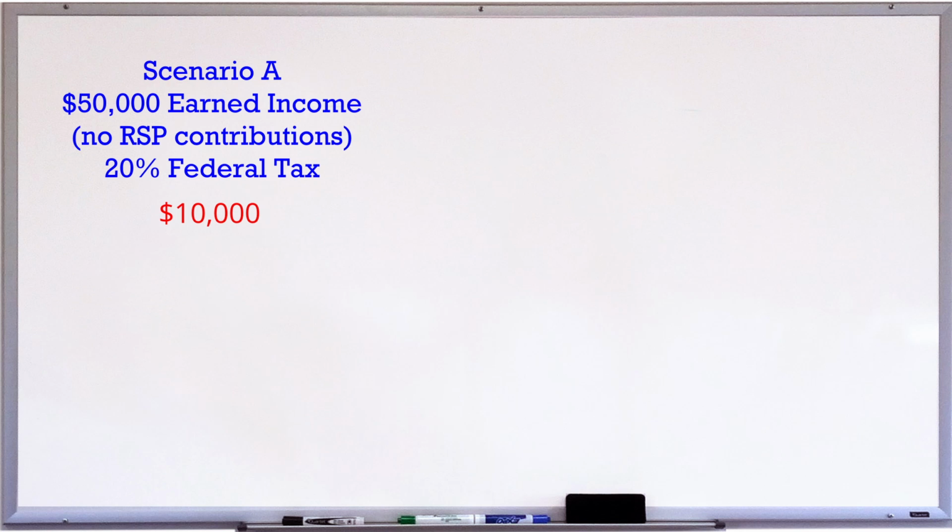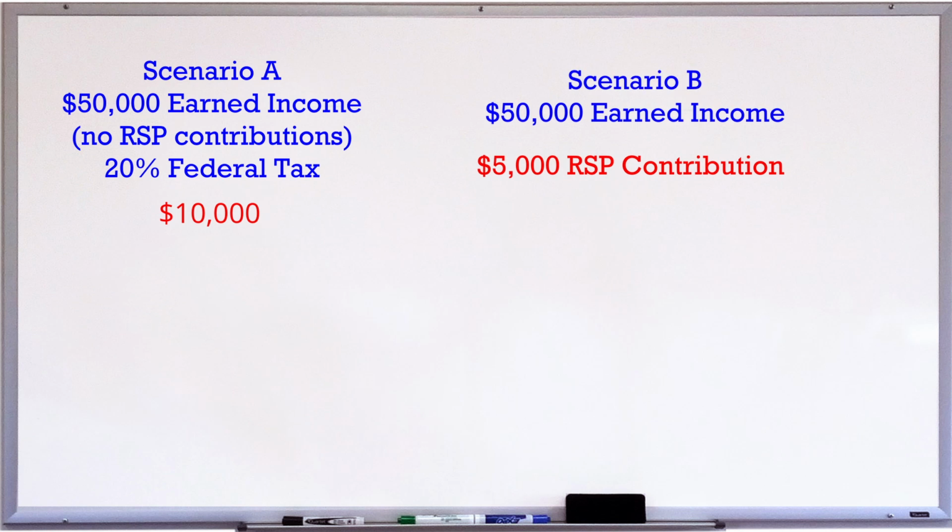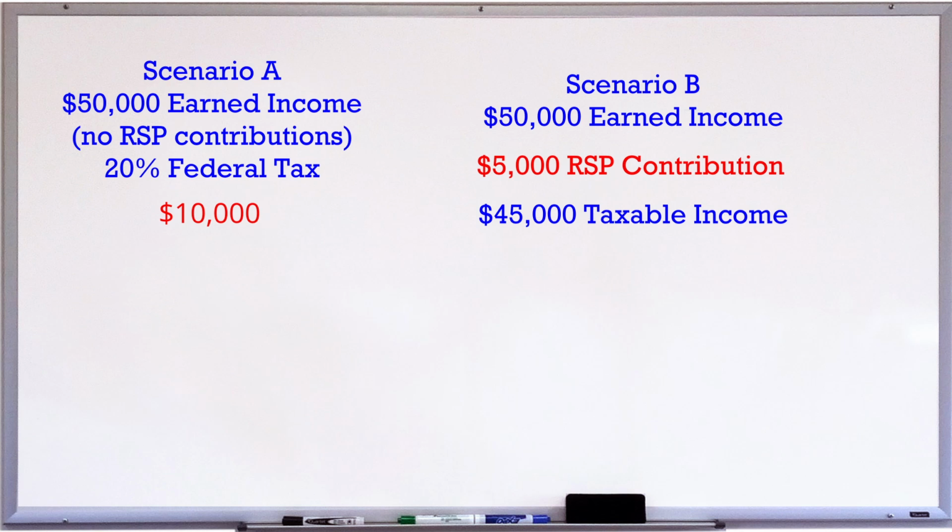Now, let's use the same amount of income, $50,000, but you're going to make a $5,000 contribution to your RSP. This means you get to reduce your taxable income by $5,000. So your taxable income will be $45,000 at 20%. Now in this example, you have earned the same amount of money, $50,000, but you've made a $5,000 contribution to your RSP, and it will reduce the taxes that you pay on your income.